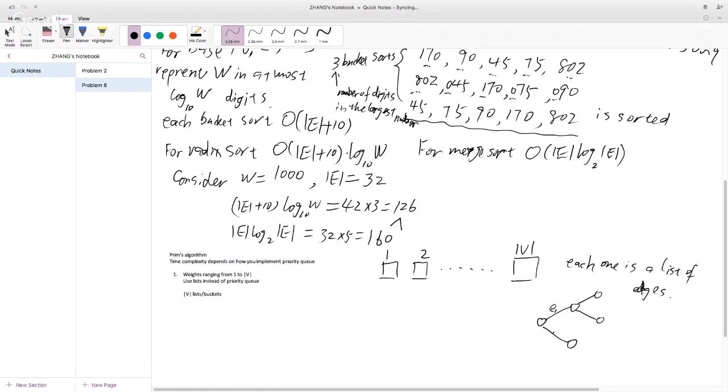So let's consider case 1. That's E1, E2, E3, E4. Let's start from the root and loop over all the edges.